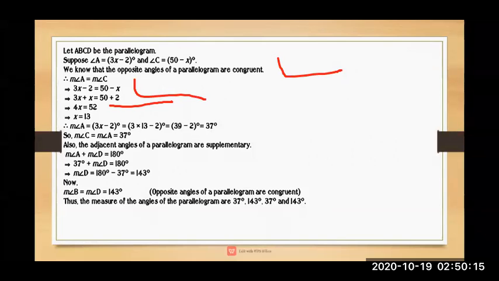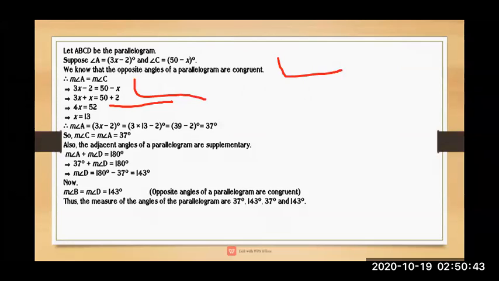The value of A is given as 3x minus 2 and the value of C is given as 50 minus x. Now we take x to one side and numbers to the other side. So 3x plus x equals 50 plus 2. Now 3x plus x will become 4x equal to 52. If we divide 52 by 4, we get the x value, that is 13.